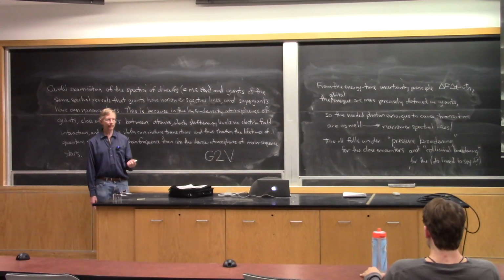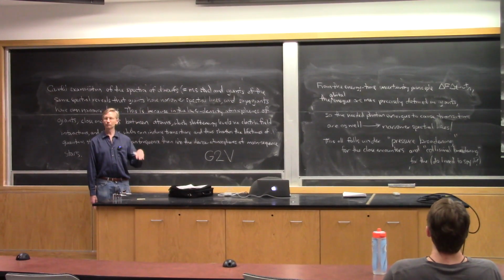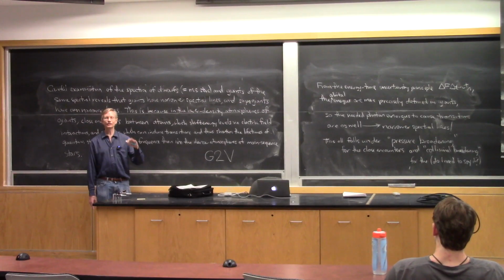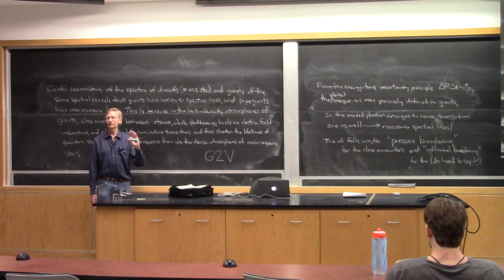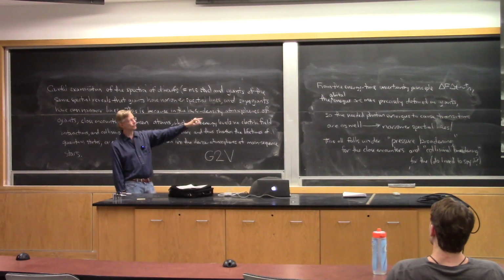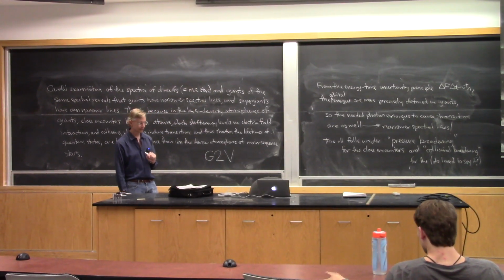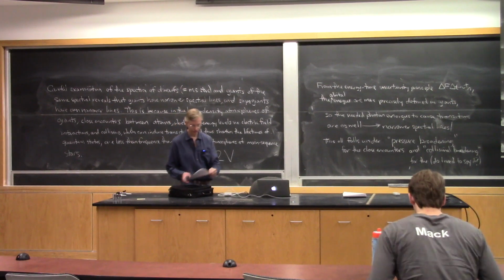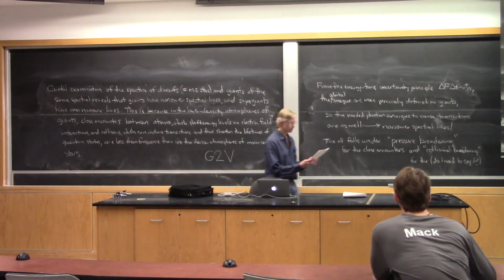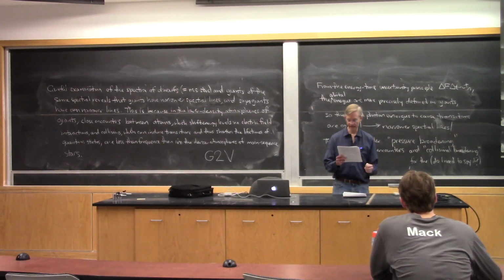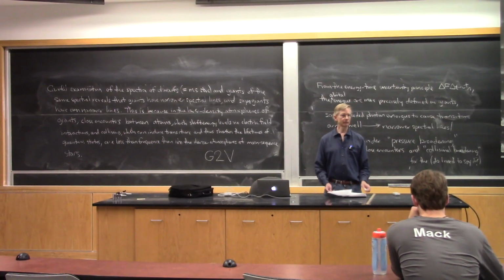Whereas a red giant would be G2 Roman numeral 3, a subgiant's G2 Roman numeral 4, and so on and so forth. And that's based on the broadness or narrowness of the spectral lines. And this was first set forth by William W. Morgan and Philip C. Keenan, who were at Yerkes Observatory in Chicago.